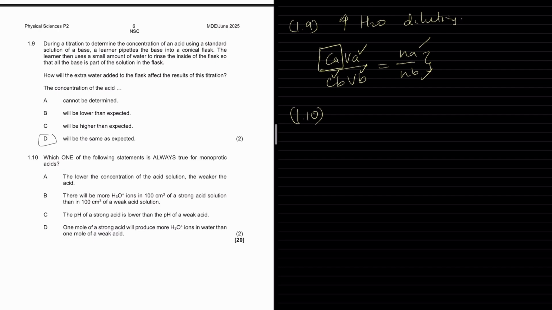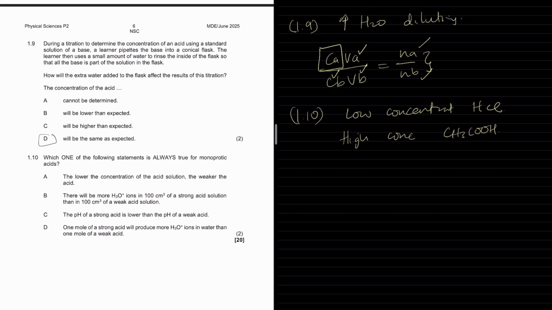So this is not true either, because if you have a low concentration of a strong acid, for example HCl, and you have a high concentration of a weak acid such as CH3COOH, both are classified as monoprotic, the number of H3O plus ions are going to be different.